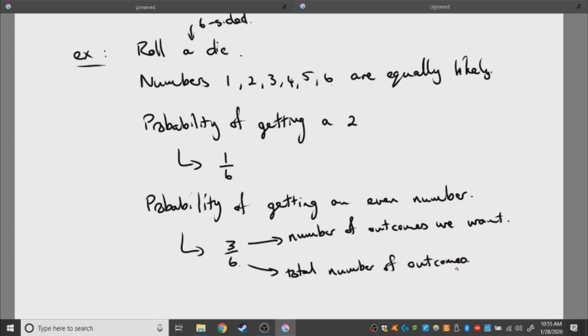And yes, then you have a fraction. Sometimes you can simplify that fraction, sometimes you can't. Doesn't really matter. That fraction gives you an idea of how likely this is to happen. So getting just a 2 is of course less likely than relaxing my requirement and just getting even numbers.